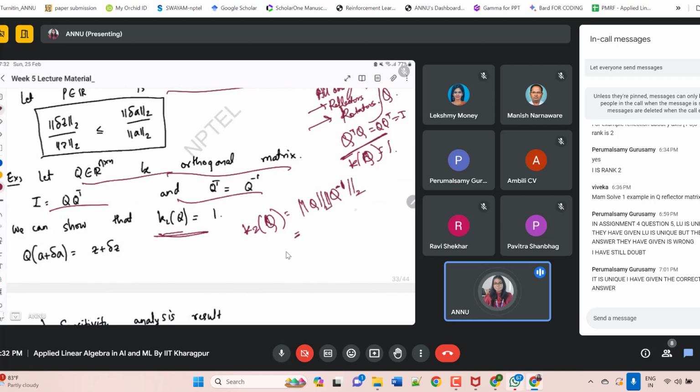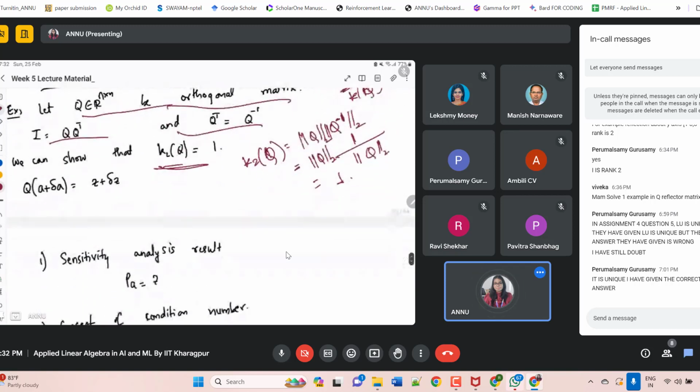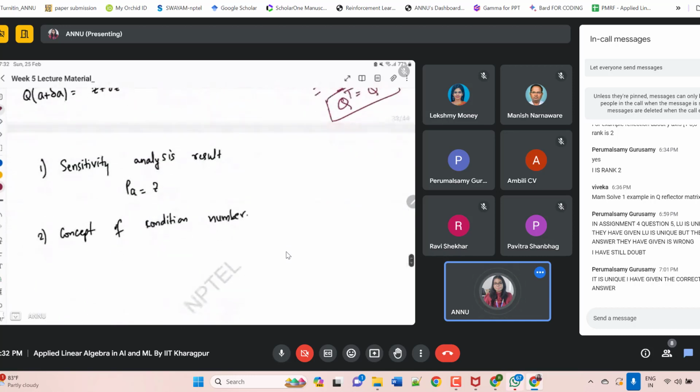This is nothing but 1 upon... this is 1, because Q transpose equals Q inverse. So that is the sensitivity result, the concept of condition number.